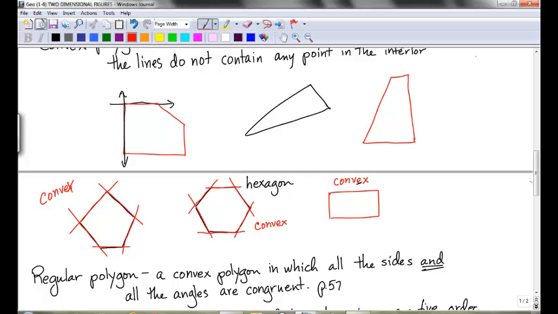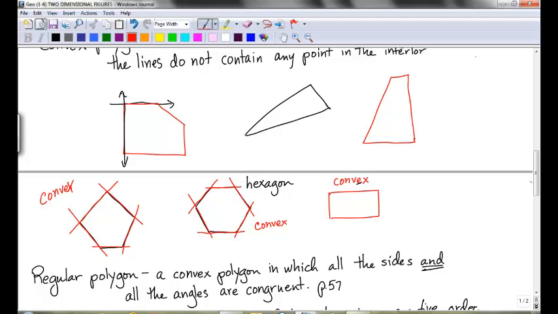A pentagon, a hexagon, a rectangle, those are all convex. You can extend those lines and you're never going to get anything in the interior. Nothing here in the interior. Okay?